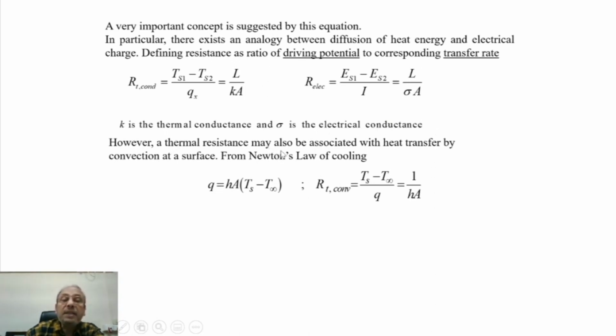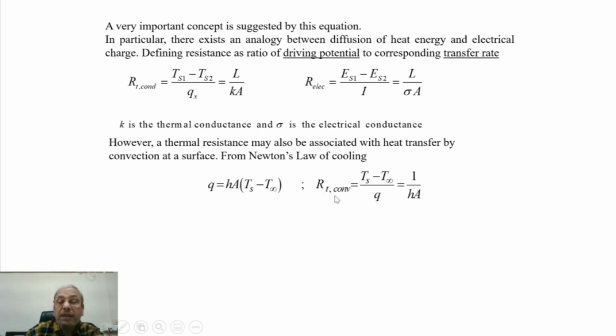However, a thermal resistance may also be associated with heat transfer by convection at a surface. So from Newton's law of cooling, for convection we can write q equal to h, the heat transfer coefficient, into A, the area of interest, multiplied by (Ts minus T infinity). Earlier we wrote the conduction resistance.